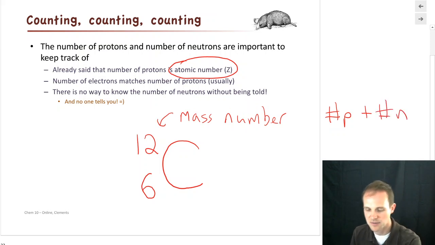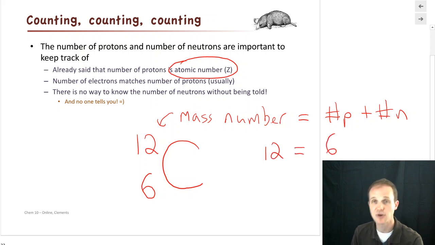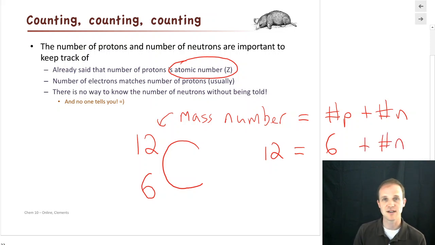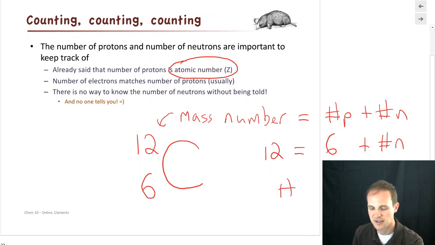And so I have a mass number of 12. We know that there's 6 protons because all carbon atoms have 6 protons. So what we're trying to figure out is, how many neutrons do we have? Simple, right? 12 equals 6 plus what? We get that the number of neutrons is just 12 minus 6, or 6.